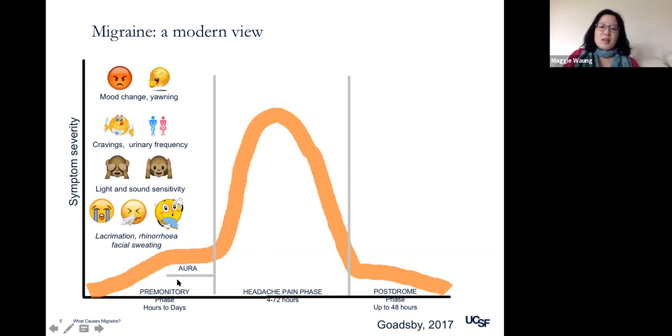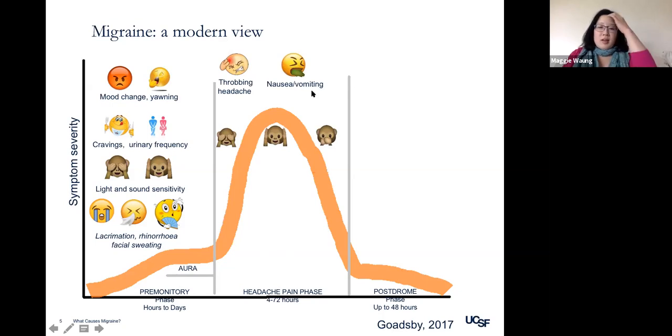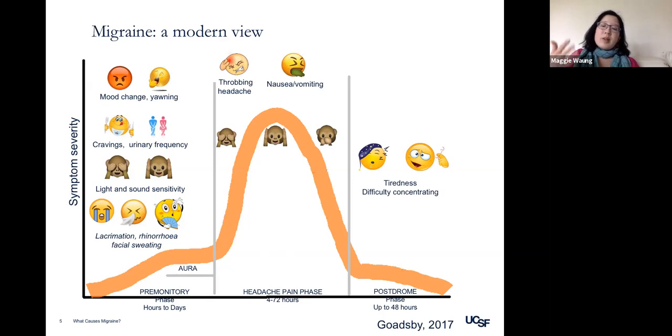Oftentimes people have aura that starts before the headache, but aura can also move into the headache as well. And then, of course, during the headache, you experience these symptoms that we've talked about. And even when the headache is gone, you might feel good about the pain going away, but then you're left feeling tired and maybe having some difficulty concentrating for a couple hours or a few days.